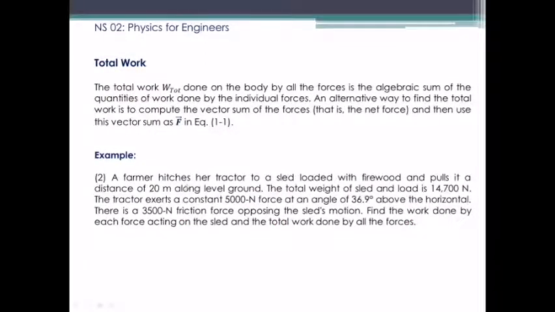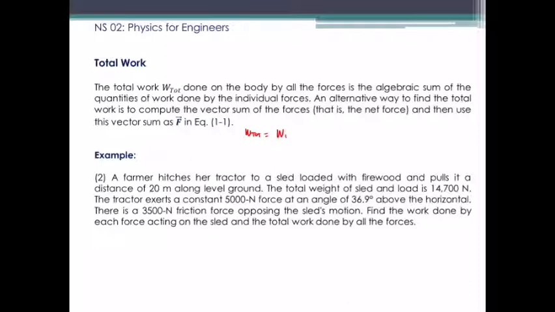Now, let us have total work. The total work done on the body by all the forces is the algebraic sum of the quantities of work done by the individual forces. So, if there are 3 forces acting on a body, you should get the algebraic sum of all the works.